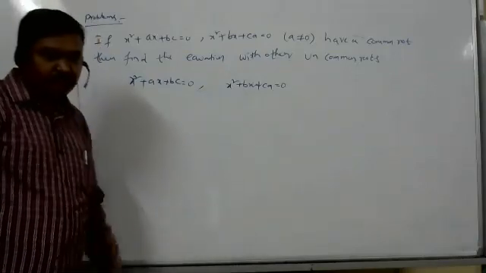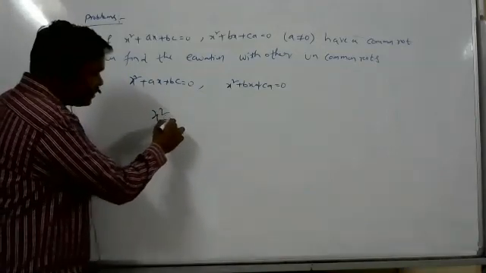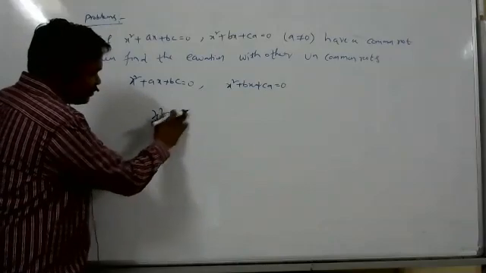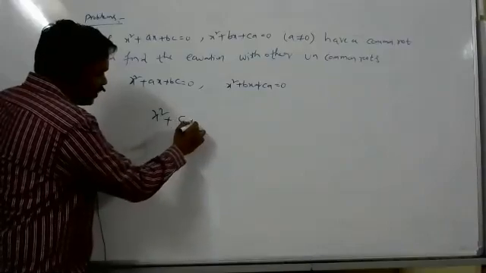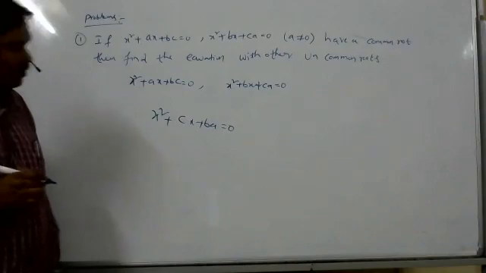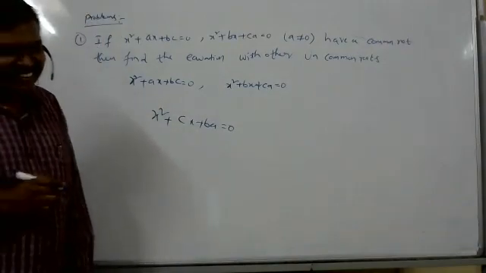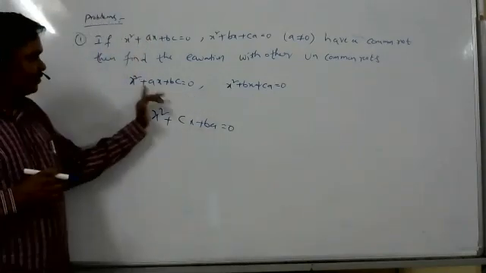Sir, I got the answer as x square plus cx plus ba equal to 0. Correct, sir. Wrong, sir.